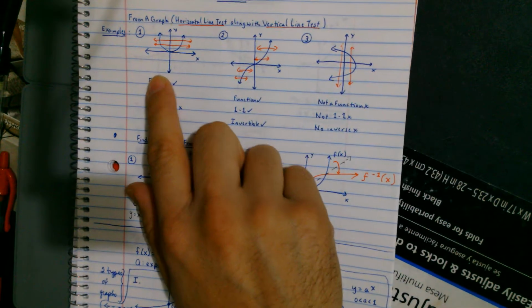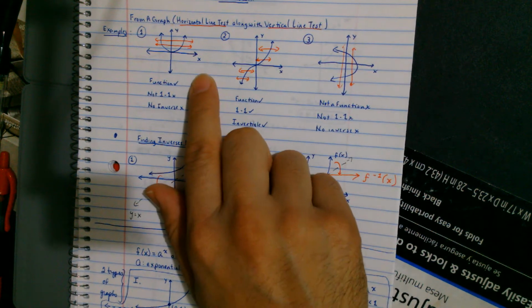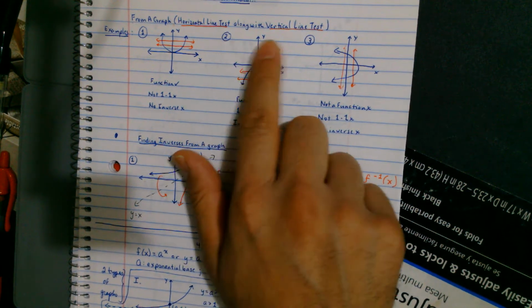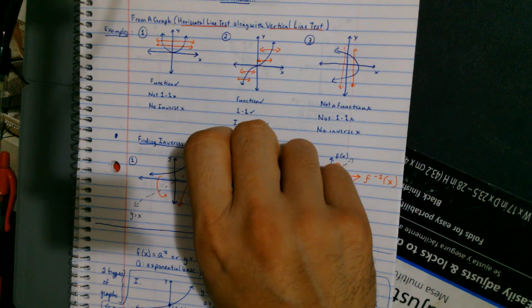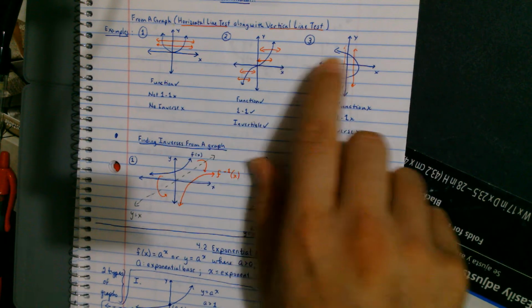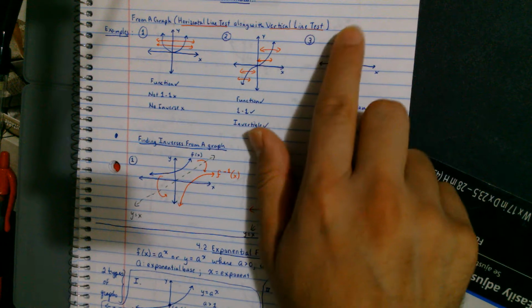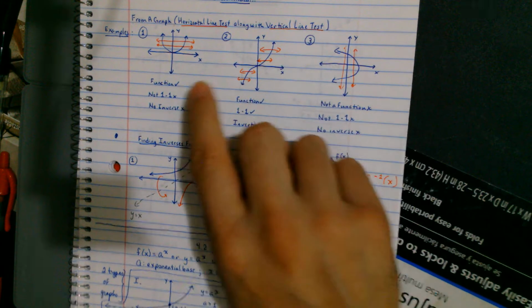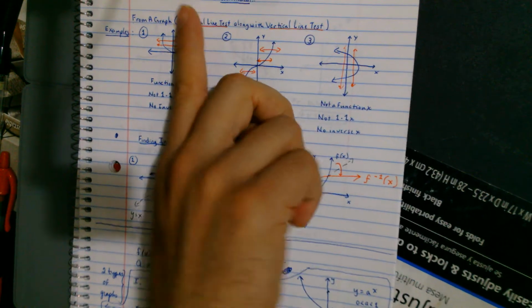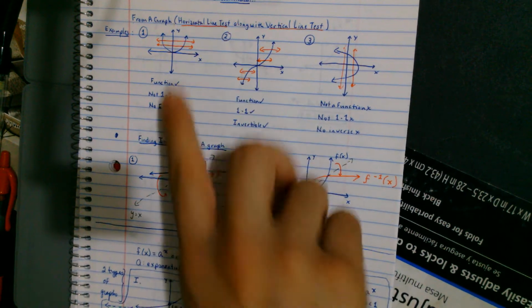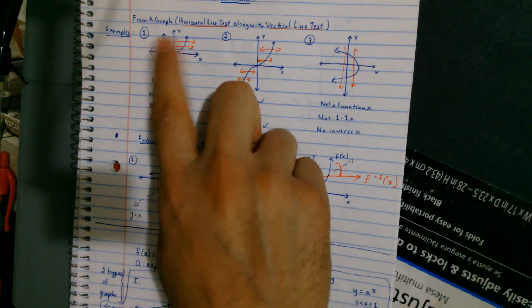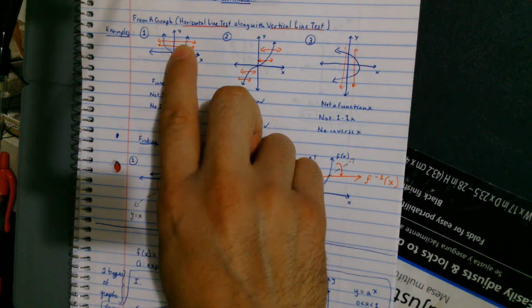Now, to know that a graph is invertible, you do the horizontal line test along with the vertical line test. So these red lines across are actually your horizontal line test. This one is a vertical line test. In this function, notice that we did in chapter 2, the vertical line test, this will be a function. But the horizontal line test fails because you hit it at more than one point.